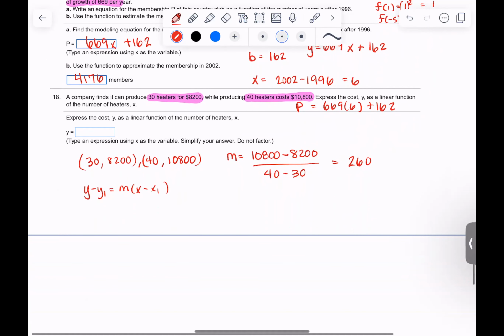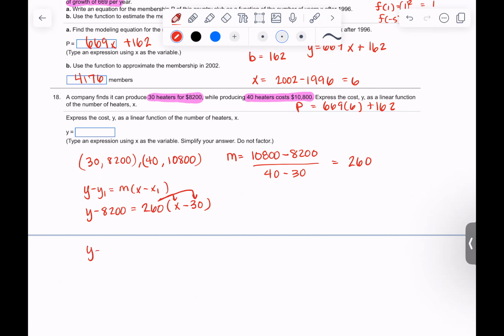Okay, so let's just use the first point since it's the first point. y minus 8,200 equals, what do we get for slope? 260, times x minus 30. Our x value for that y value of 8,200 is 30. So let's do a little distributive law here. We're going to distribute the 260 across.